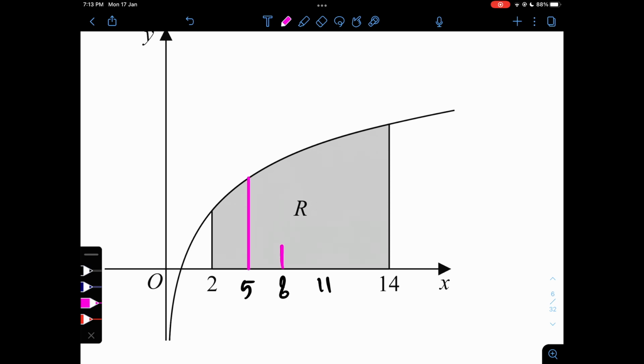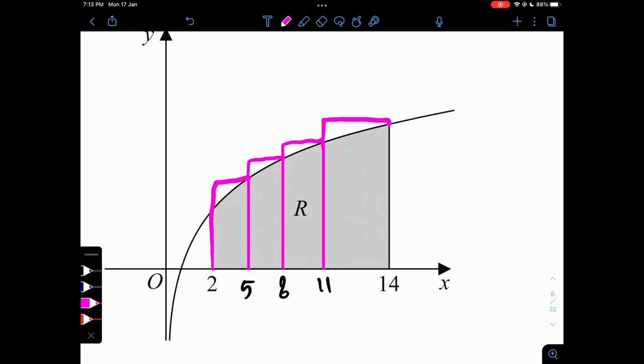Then we have our 4 equal strips. I've not drawn them properly, but basically these are rectangles, and this is also a rectangle. And this goes on to here, and this is also a rectangle. And from here as well, also a rectangle.